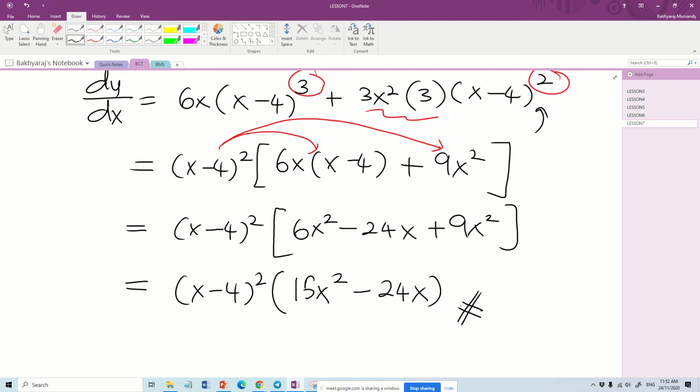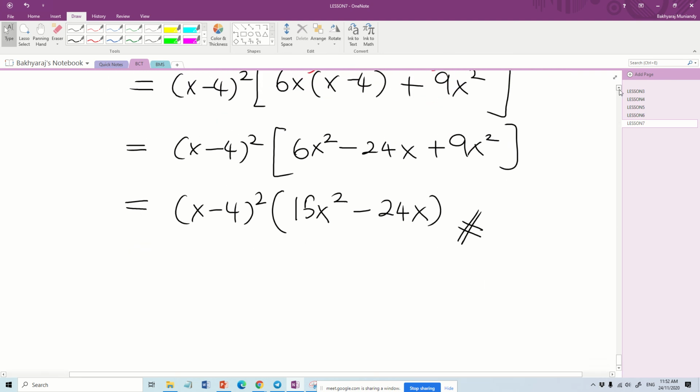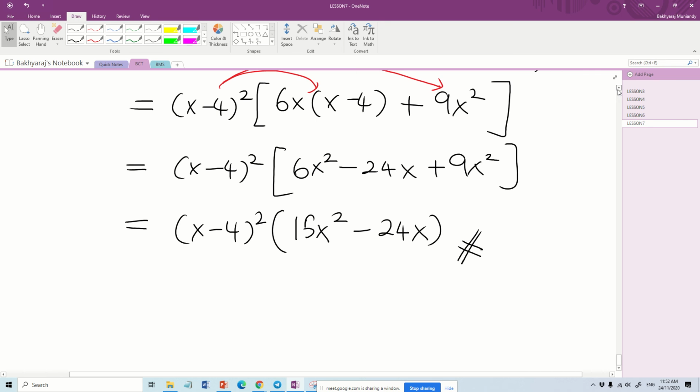Okay, dah copy? So saya pergi satu lagi dekat sini. Okay, saya pergi sini. Okay, so question 3. Take question 3. Question 3, homework. Ini adalah homework. Okay, cuba.